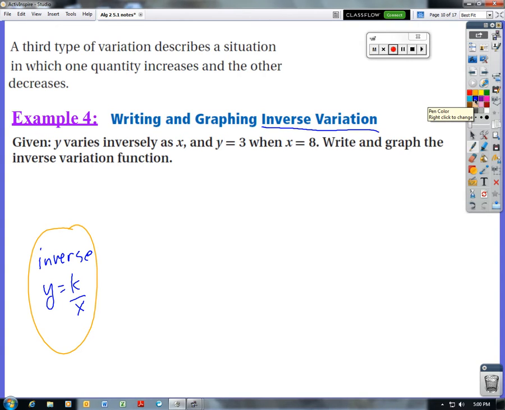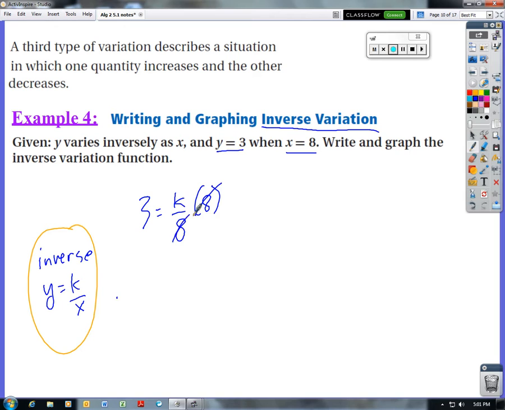So y varies inversely as x, and y equals 3 when x equals 8. So let's plug and chug. We've got 3 equals k over 8. And we solve for k. So how do we do that? We've got 8 on the bottom in the denominator here. So let's multiply both sides by 8.